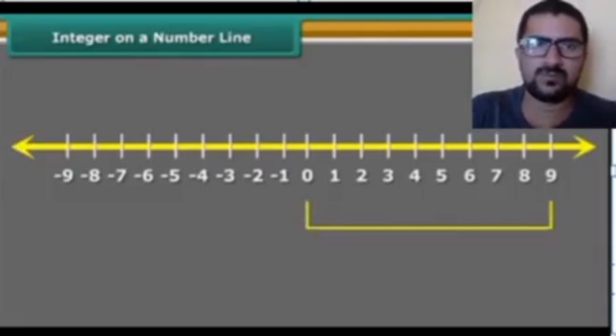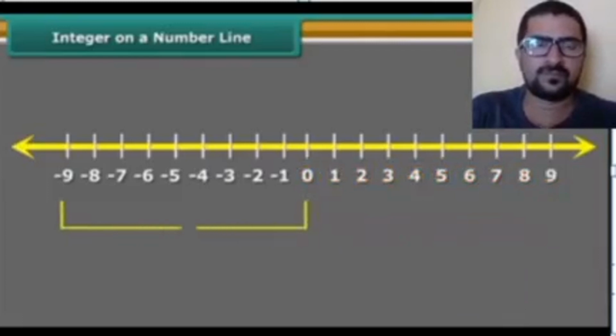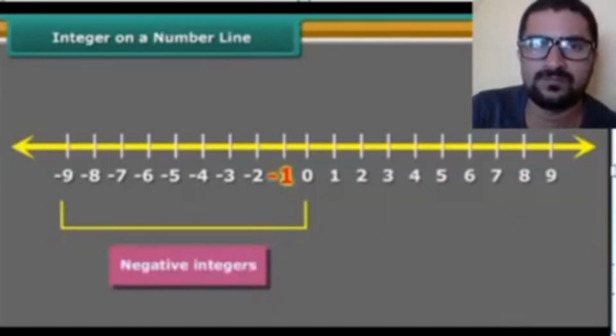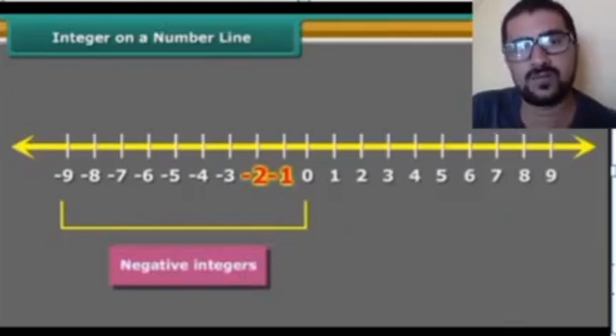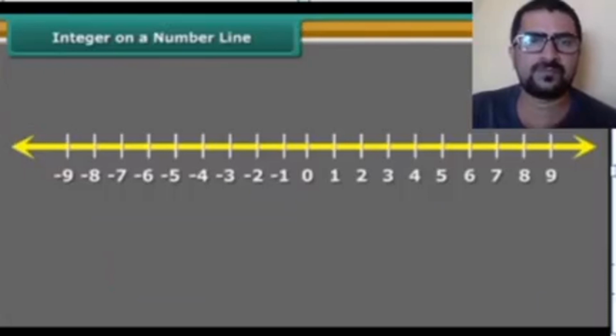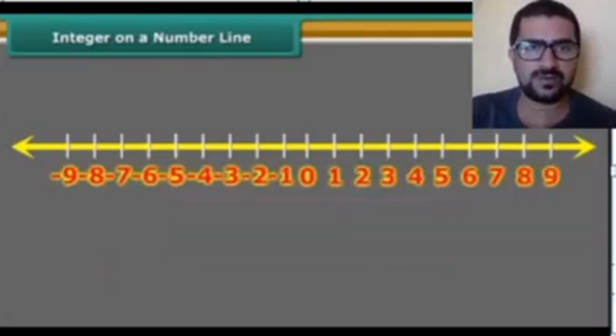The points to the right of 0 are positive integers. Points to the left of 0 are negative integers and are marked -1, -2, -3 and so on. This type of representation of integers is called the number line representation.